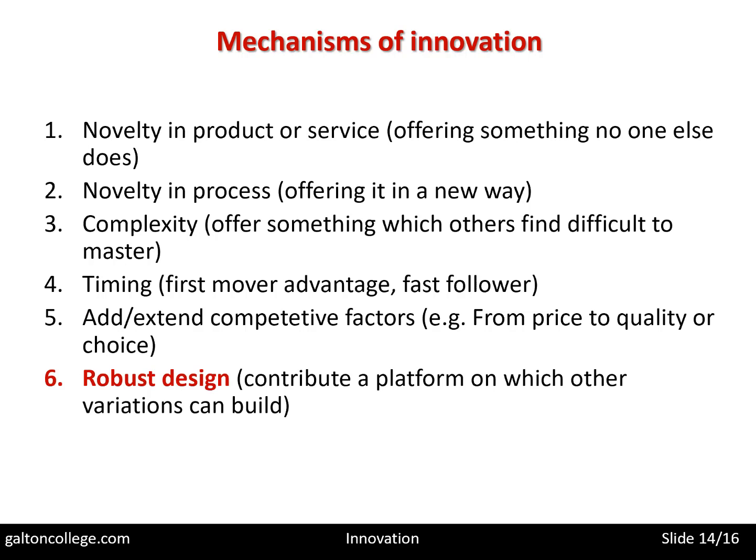And that takes us on to robust design. Innovation can offer a platform on which other variations can be built. For example, if a producer is making, let's say, a cordless vacuum cleaner which runs on a battery, then they will have mastered the battery technology, which may enable them to then make something which is similar but runs on a battery, perhaps a lawnmower without a cord.